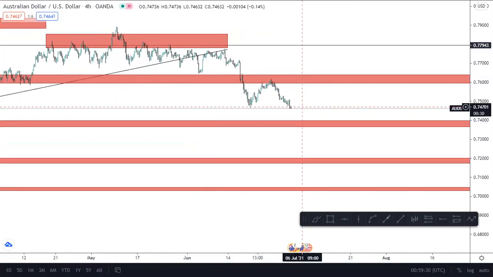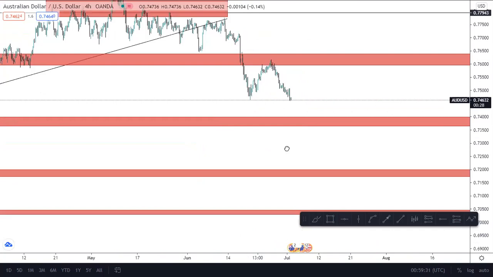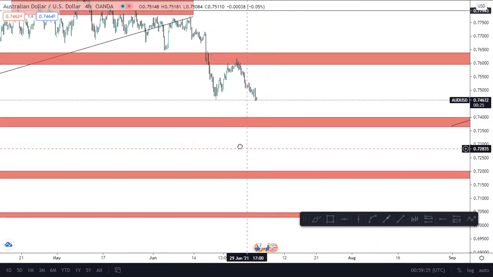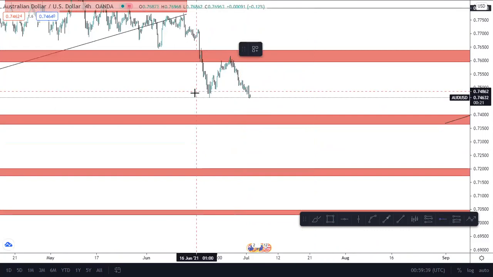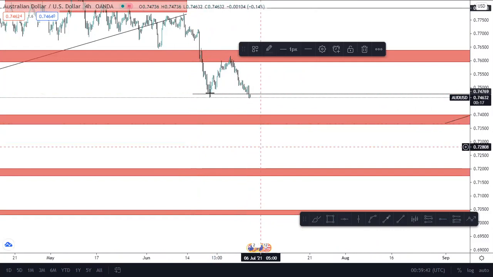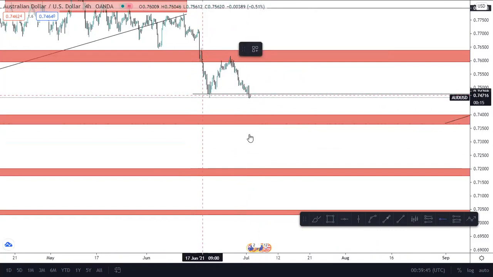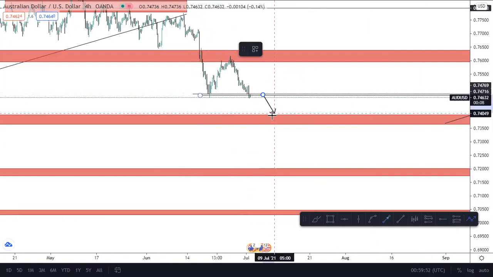So right back, you can see right there, we are out of this. We are on the mission of reaching this level down below there. So now we are on the mission of coming down to this level.